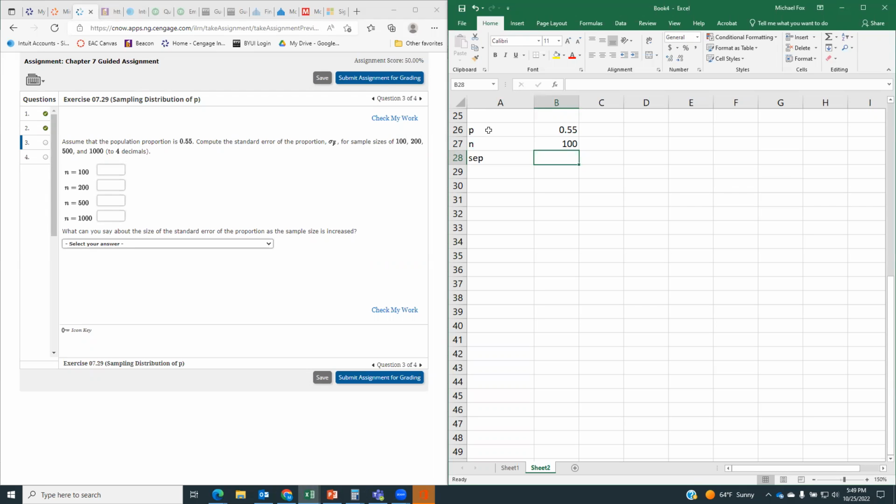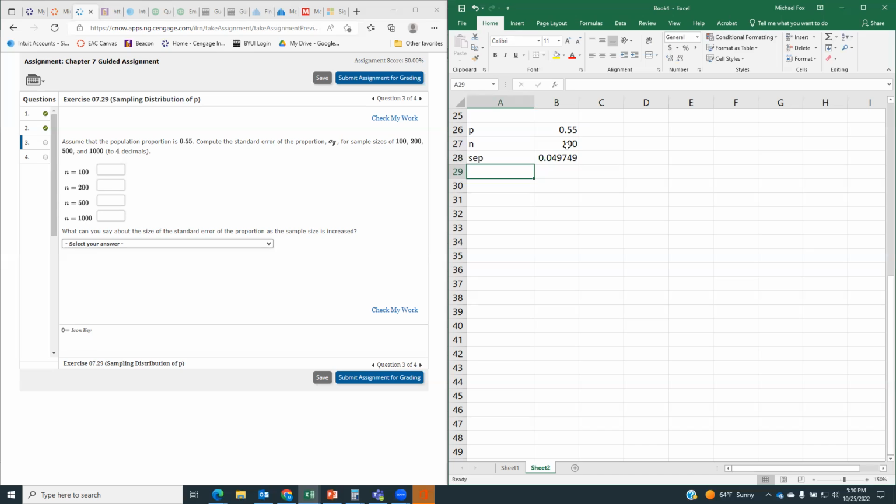So I'll write that this way in Excel: equals square root of P times 1 minus P over n. And that's it. So there's our standard error of the proportion.